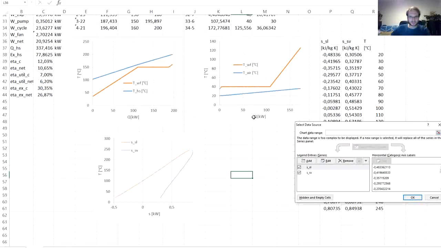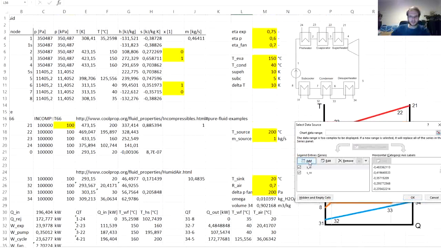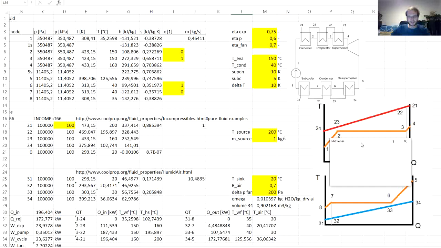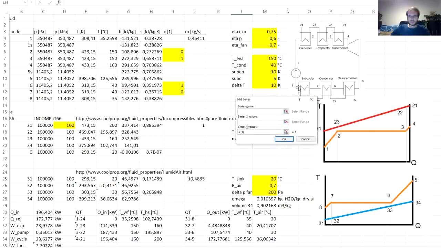So we can go to select data and add new data series. So the first can be, for example, the pump going from point 8 to 1.